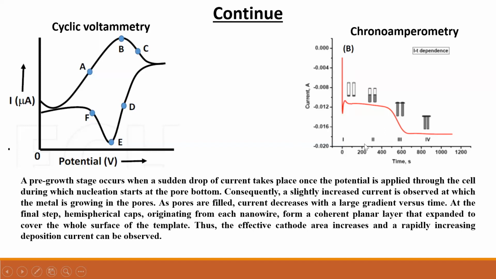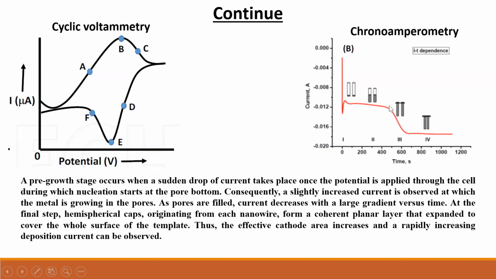As the pores are filled, the current remains almost constant, but it decreases with a large gradient versus time. At the final step, hemispherical caps originating from each nanowire form a coherent planar layer that expands to cover the whole surface of the template.